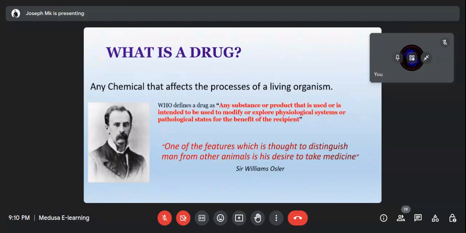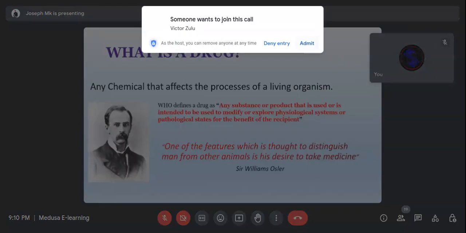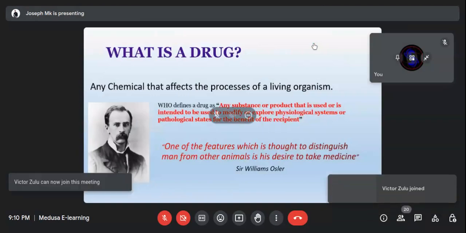So now you need to ask yourself when you are taking a drug, why am I taking this drug? Mostly, the main reason we take a drug is to have a desirable effect, not undesirable effect. So a desirable effect can be that you want to relieve that pain.